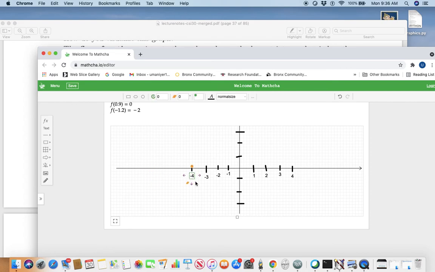All right. I could label these also, but you have an idea.